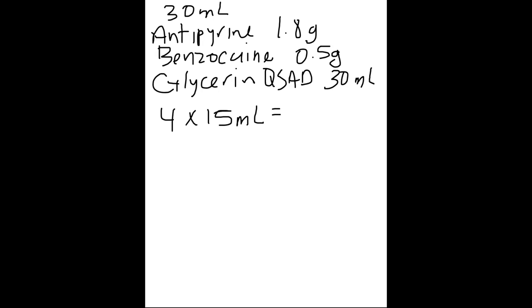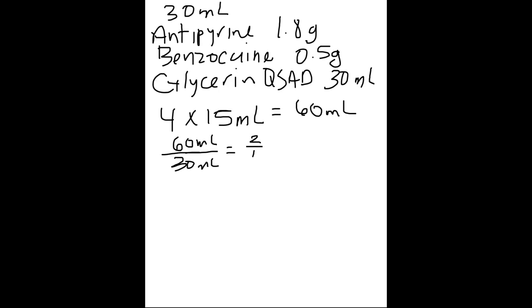So 4 times 15 is 60 mLs. So the quantity we want to make is 60 divided by the quantity we have, which is 30 mLs. So that is equal to a 2-to-1 ratio.